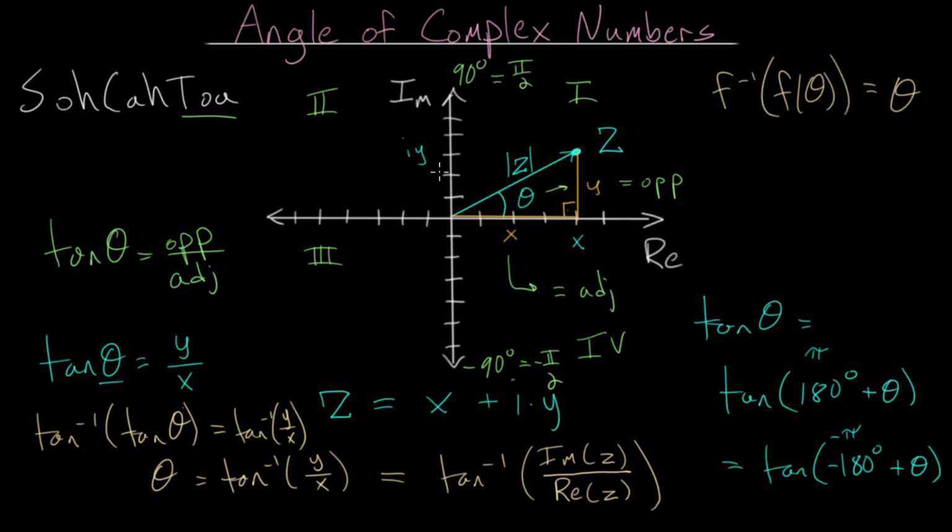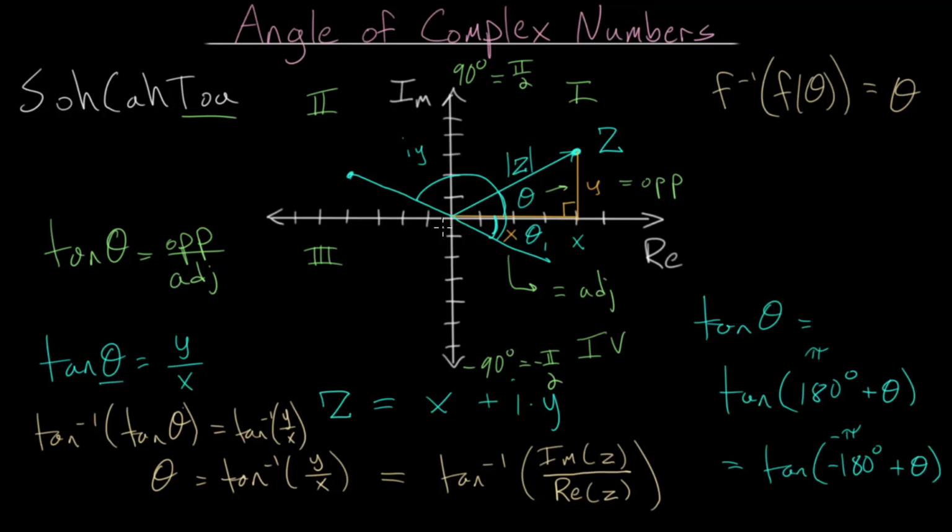But just to give you an idea, if we had a complex number, let's say right here, and we try to calculate its angle, we will actually get the angle right here. We can call this theta 1. It will be a negative angle, and we will just have to add 180 degrees to get the correct angle.